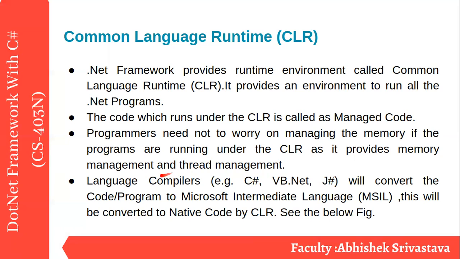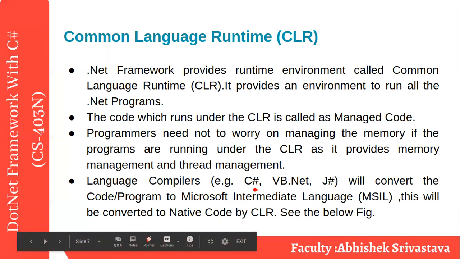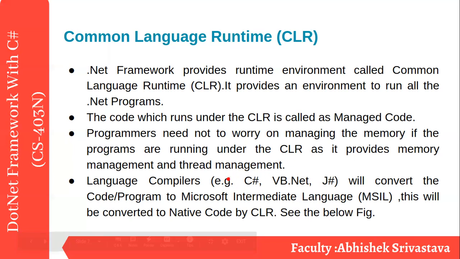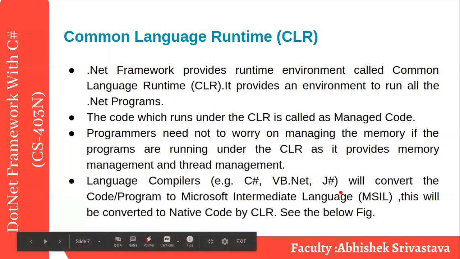Different languages are supported by Microsoft, so there are inbuilt language compilers: C Sharp and VB.NET, Visual Basic .NET. These two are inbuilt, and if you want more language compilers, you have to install their compilers manually in the .NET Framework.